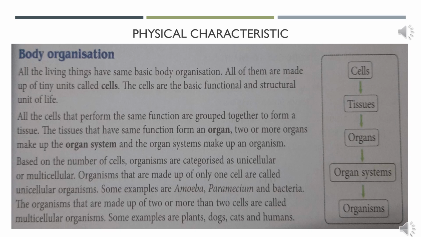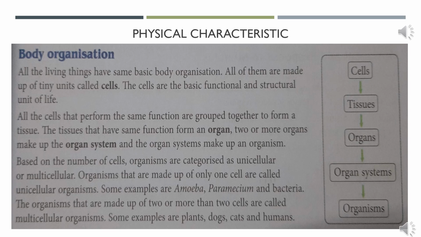Now, based on the number of cells, organisms are categorized as unicellular or multicellular. Organisms that are made up of only one cell, or I should say single cell organisms, for example bacteria, amoeba, paramecium, virus, are single cell or unicellular.